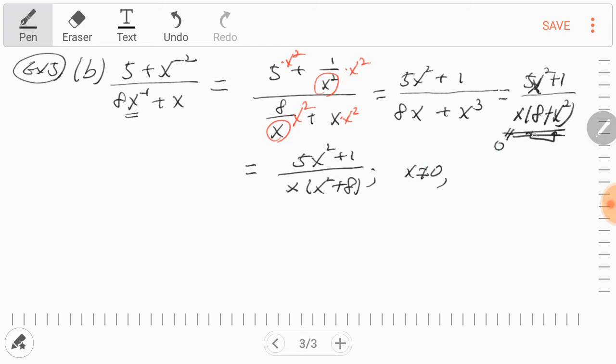And this binomial is always positive, so it cannot be 0 anyway. For any real number x, this binomial is positive because x squared is positive plus a positive number is positive. Okay, how about this fraction? This denominator x should not be 0, same as this one, and even this, so x is not equal to 0.